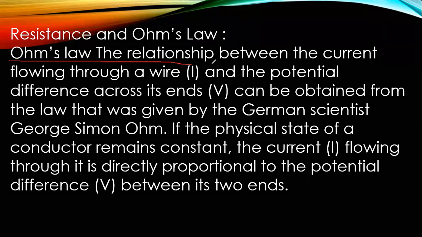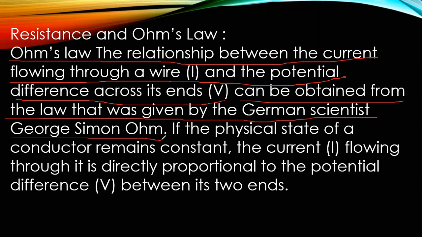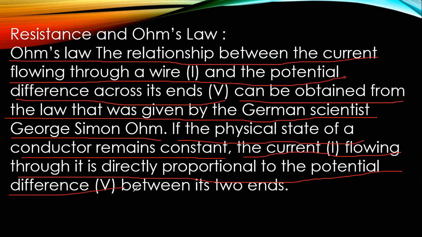Ohm's law: the relationship between the current flowing through a wire and the potential difference across its ends can be obtained from the law given by the German scientist Georg Simon Ohm. If the physical state of a conductor remains constant, the current I flowing through it is directly proportional to the potential difference V between its two ends.